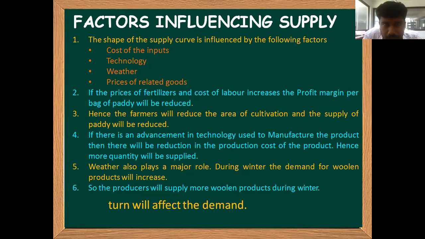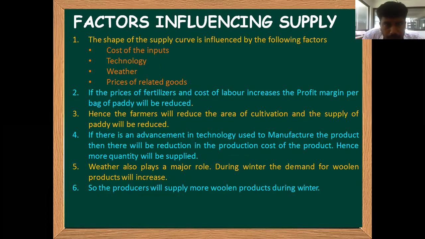Similarly, for the factors influencing supply, there is the cost of the inputs. If the labor cost or any input material cost increases, automatically the supply is going to decrease. We discussed examples also over here. It also depends on the technology we are going with.